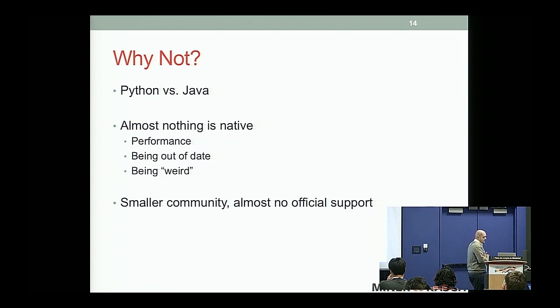The other thing too is being out of date. A lot of these Python projects are just random dudes on GitHub, and they have jobs and things, and they're not really looking to update their projects every time Hadoop gets updated. So sometimes you run into issues. I ran into an issue with Mrjob where they changed the way mkdir works, like making directories in Hadoop, and Mrjob started failing.